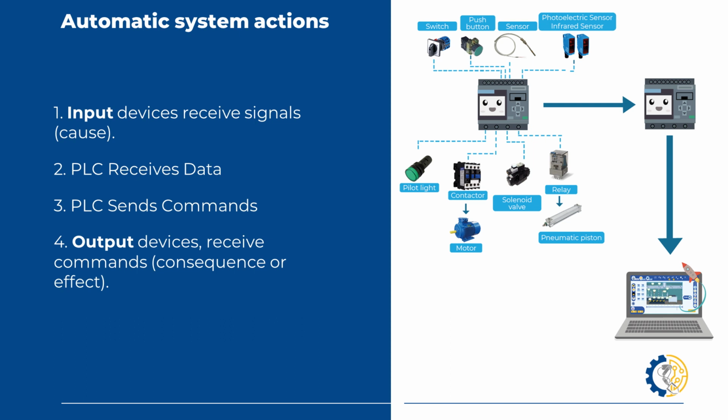And then from what we had programmed, our PLC is going to assign orders to the output devices. So I can't send an order to a sensor, because it's not its task to do something, but to receive a signal. It can't do anything about that.